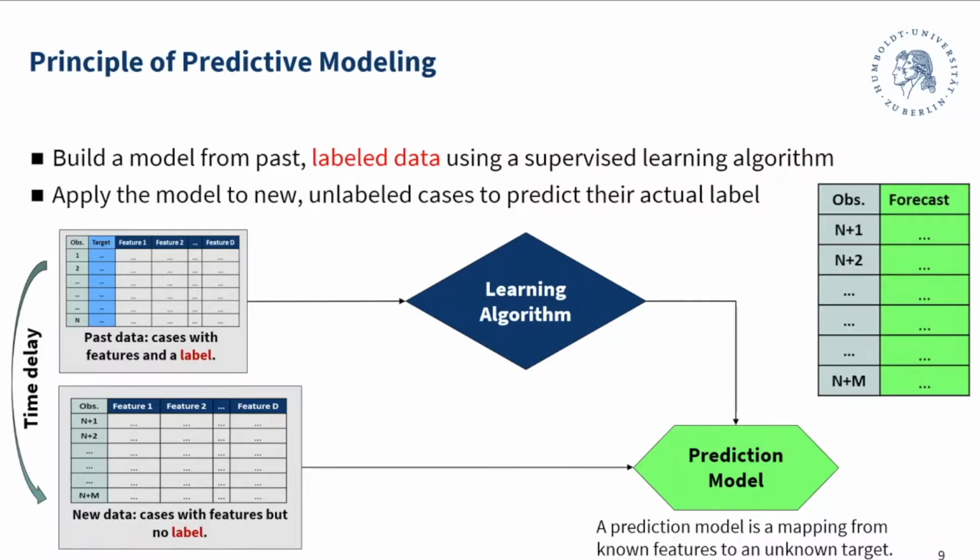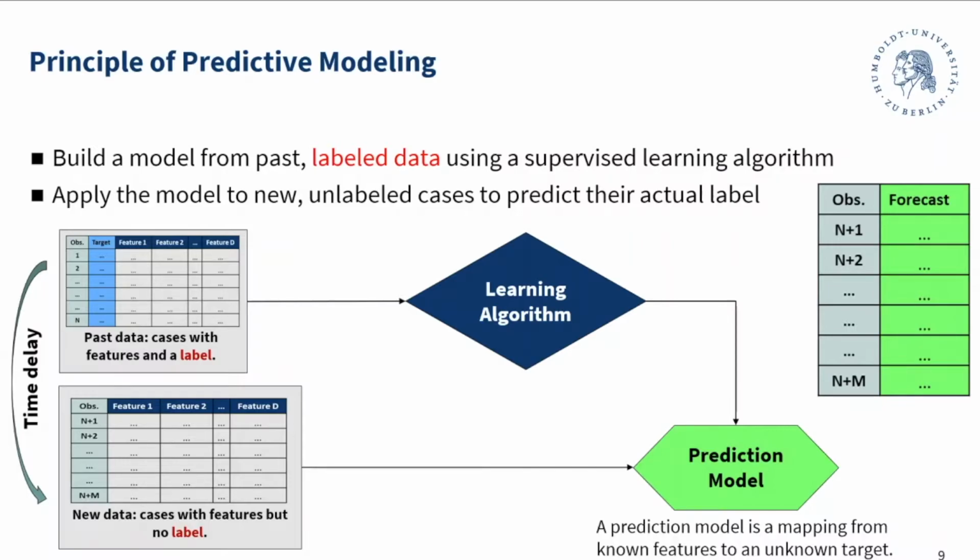And often, not always, but often, the point in time where the labeled data is captured and where the new data is captured come in sequential order. And normally we build our model on past data and apply it to novel data, like novel customers. That's a common setting.